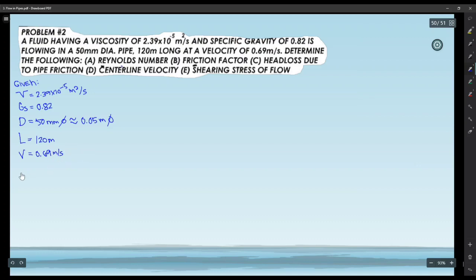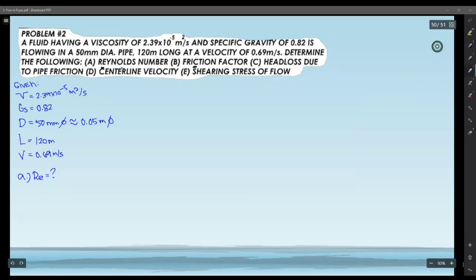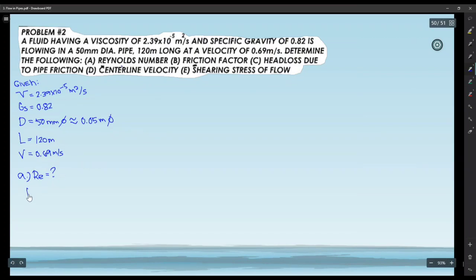Okay, so first, let's solve for the value of our Reynolds number. So again, ano nga yung equation natin for Reynolds number? Hindi na pwedeng gamitin yung D rho, di ba? Kasi since ang given dito is kinematic viscosity, gagamitin natin yung isang variation ng equation niya. So for Reynolds number, if kinematic viscosity yung given, equals siya sa V times the velocity over the kinematic viscosity.